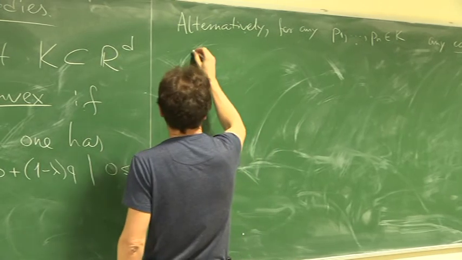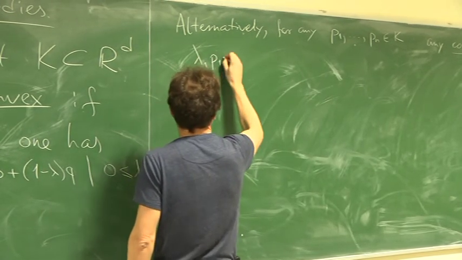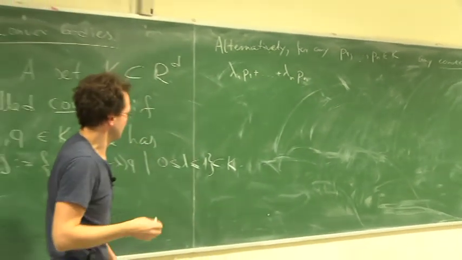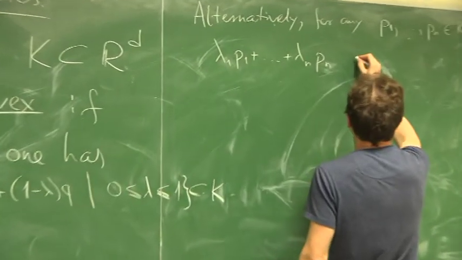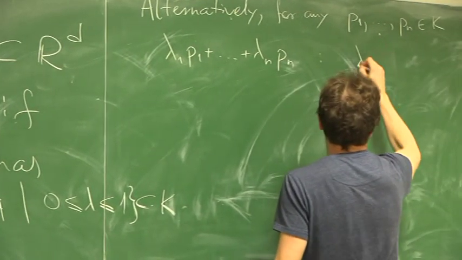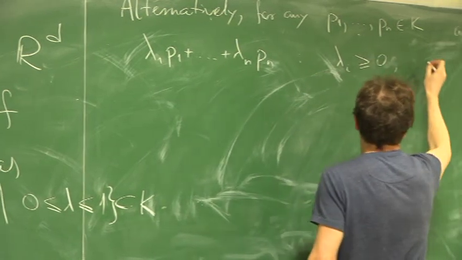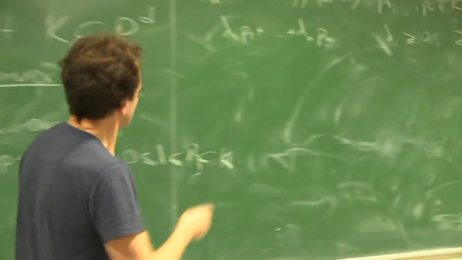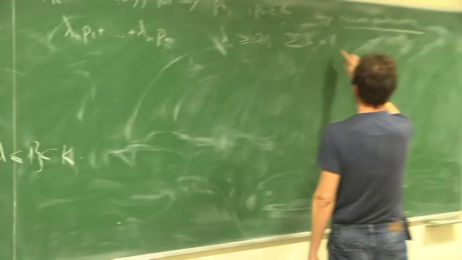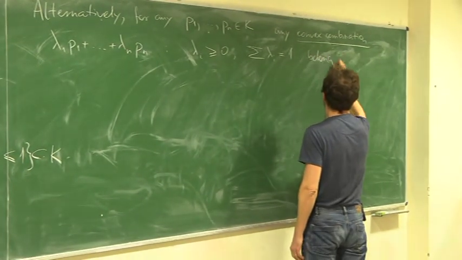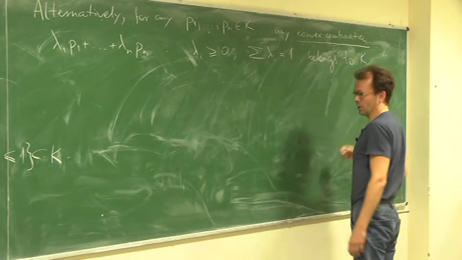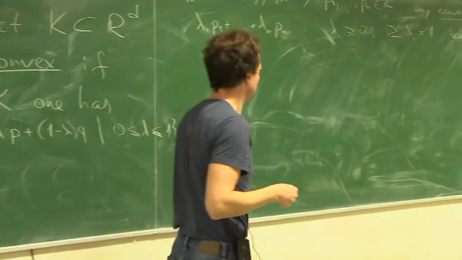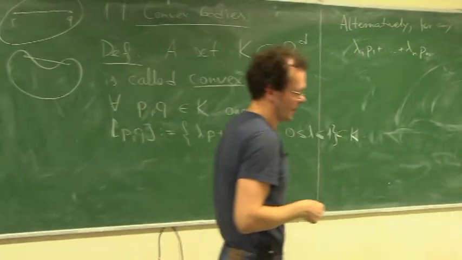So a convex combination is lambda 1 P1 plus through lambda n Pn, where the coefficients satisfy the following: they are non-negative and their sum is equal to 1. So any convex combination also belongs to K. So this is a convex combination of 2 points, and that's a generalization to any number of points.